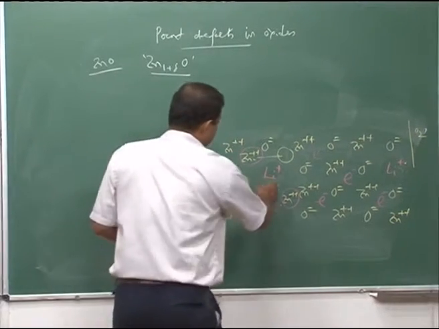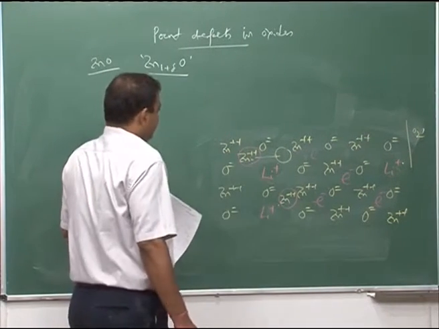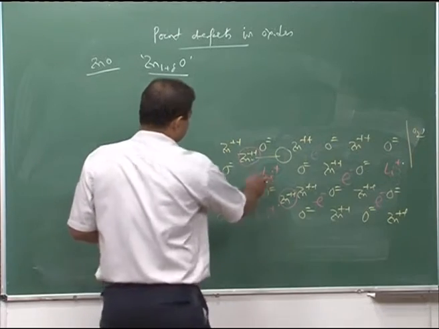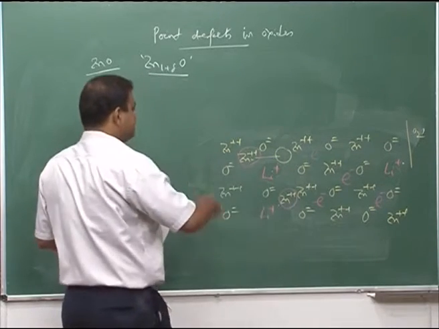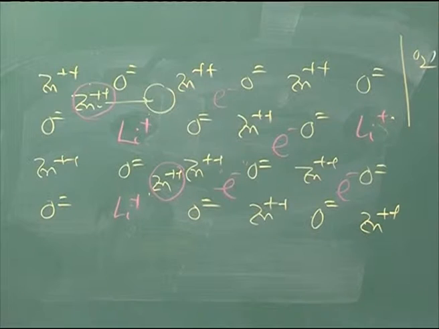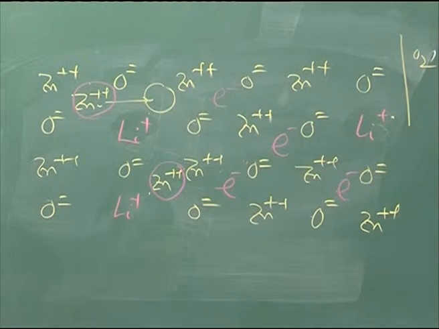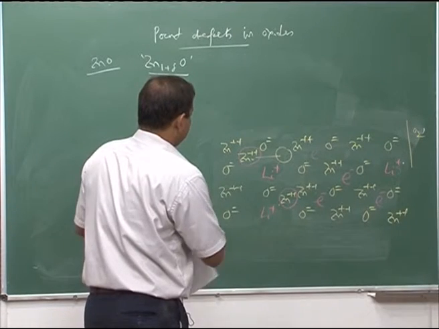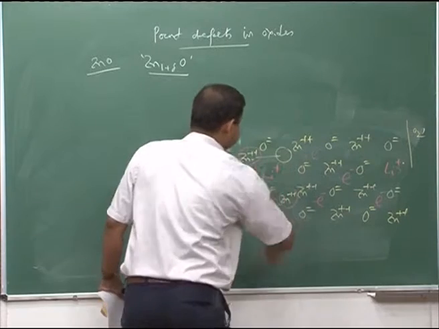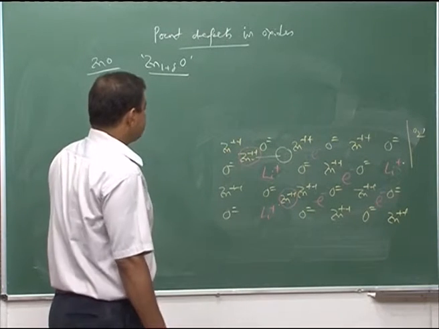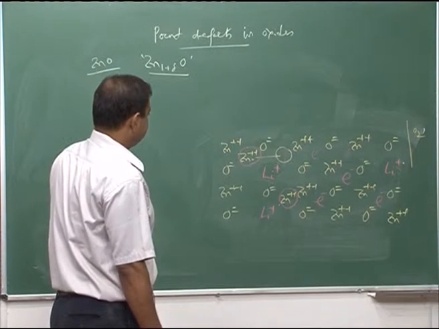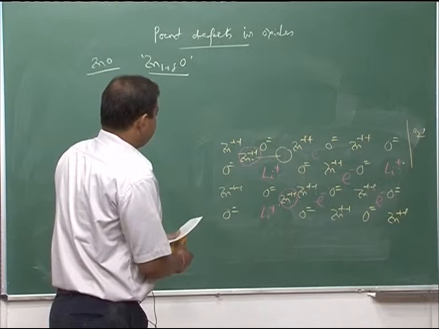Now, if we have 3 lithium cations replacing 3 zinc cations, we see that there would be 3 excess negative charges.